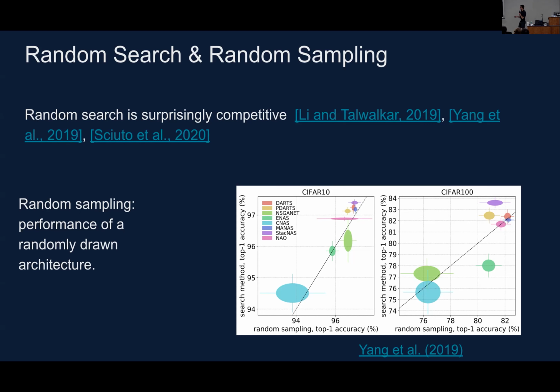And so Yang et al. in 2019 showed that actually some algorithms don't outperform random sampling, where this dotted line here is the randomly drawn architecture, and so the algorithms we want to be above this line. Okay, so this is just a reminder that we always have to sanity check with random sampling and random search.